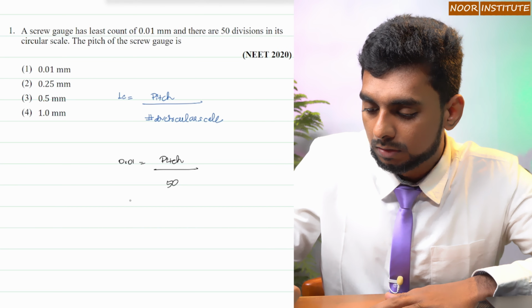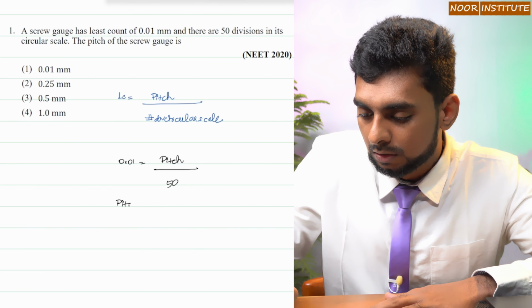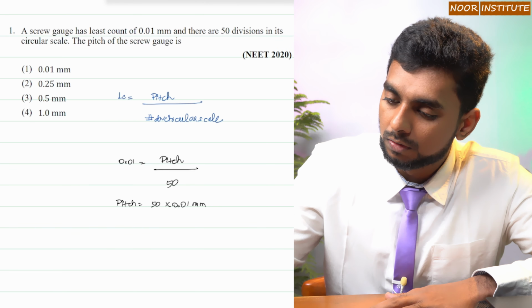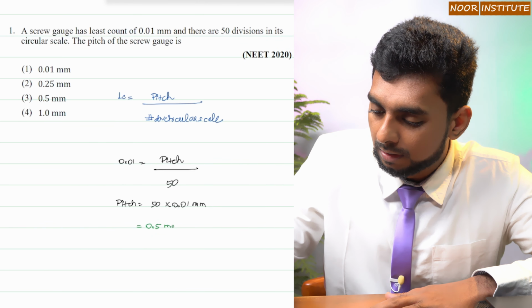When you do the cross multiplication, you will have pitch equal to 50 into 0.01, right? That will also be in millimeters. So when you do the math, you get 0.5 mm, right? So the answer is 0.5 mm. So the answer is option 3.